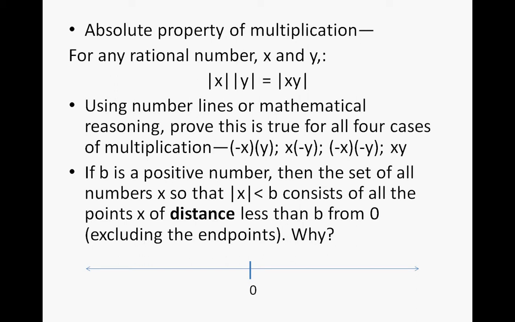So if you have 0 and you have picked that it has to be less than b, well, remember the mirror reflection of b is minus b, and that x has to be somewhere between b and minus b, and in this case we put it here, but it doesn't matter, it can be anywhere here. But the big question is, why is it excluding the endpoints? Why is it not exactly b, and why is it not exactly minus b? So see if you can answer that question.